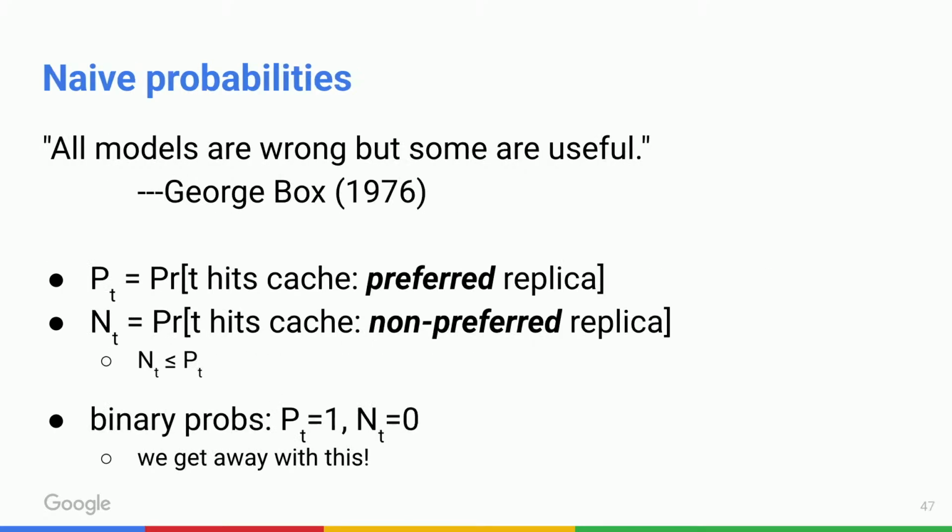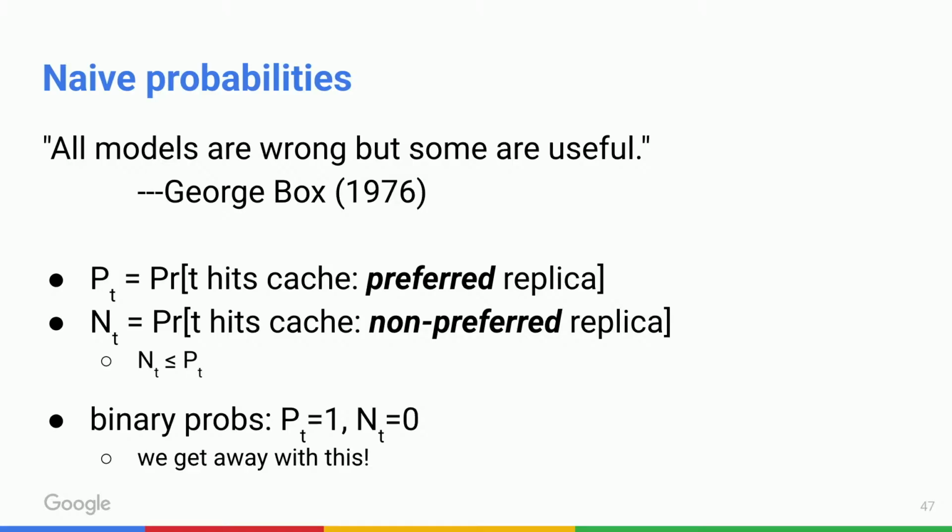All right. I love this quote. George Box is a statistician who wrote a paper in 1976 saying all models are wrong, but some are useful. You're going to see some examples of that right now. So, some notation: I'm going to assume that you just have two probabilities.